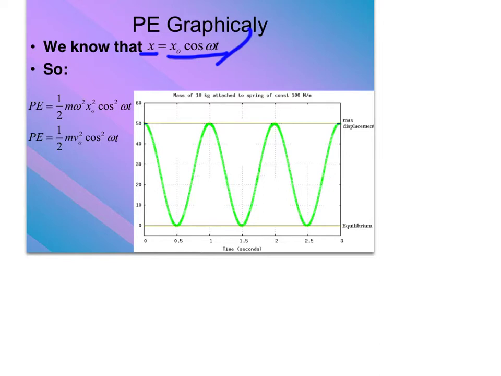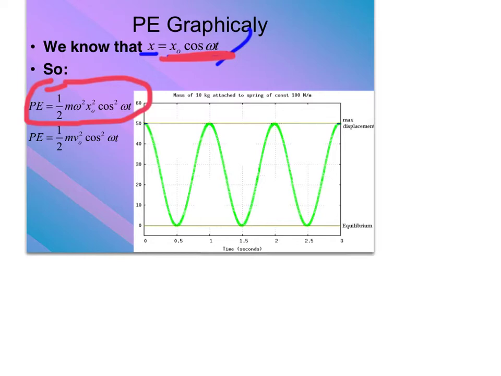Okay, so this here is simply the equation that we derived before, right here. But we've plugged this in, and so we get the potential energy is equal to 1/2 mass times the maximum velocity squared times cosine squared omega t.